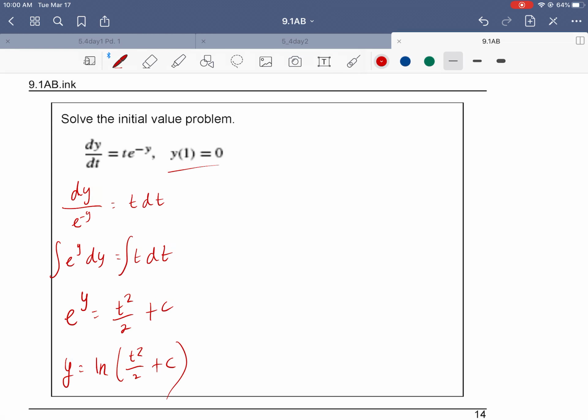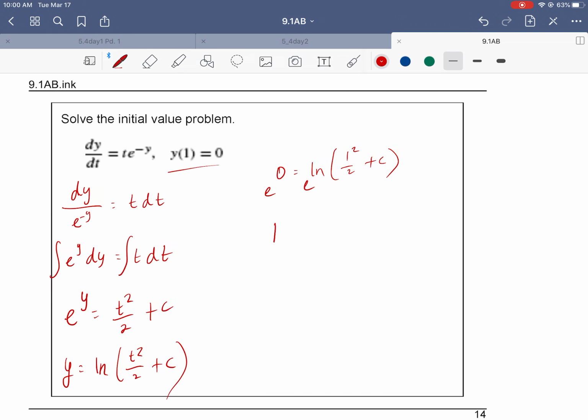I have the relationship of 1 comma 0. So in this case, I replace the y with 0, replace the t with 1. In order to solve for c, I'm going to exponentiate. So I have e and e on both sides.